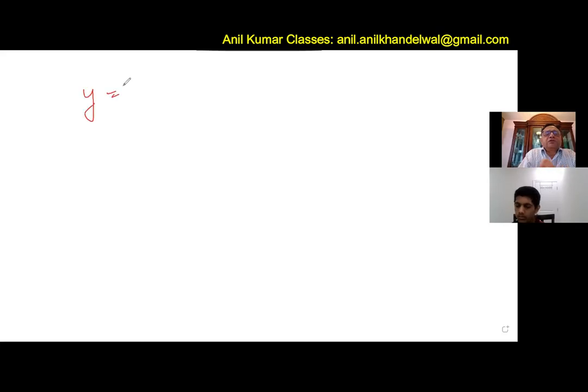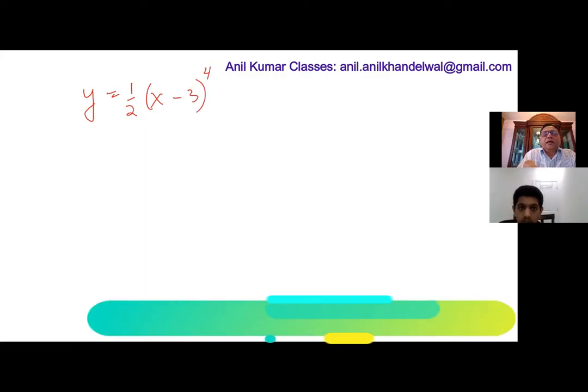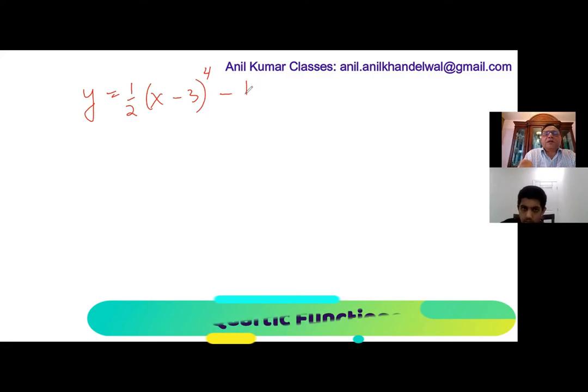Let's say y equals half x minus 3 to the power of 4, right? And we have here minus, let us say, minus 8. Now in this particular equation, can you tell me what is going to be the behavior of this equation?